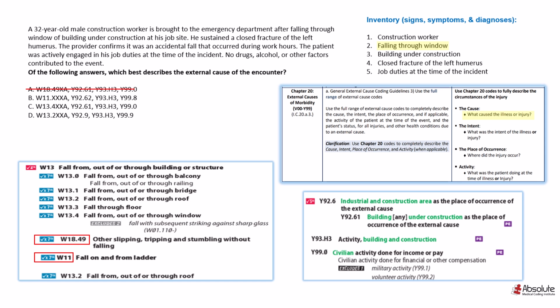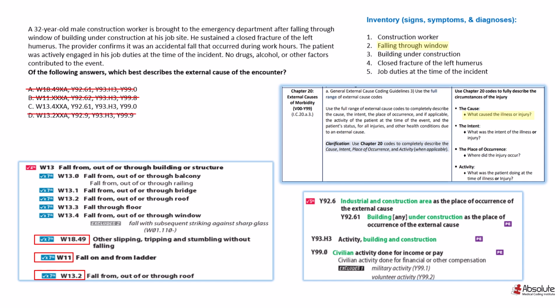Option B is coding for W11.XXXA, which is for fall on and from ladder, which didn't happen in our scenario. Option B is incorrect. Option D, coding for W13.2, is for fall from or out of or through the roof. So we had a fall through the window and not through the roof.